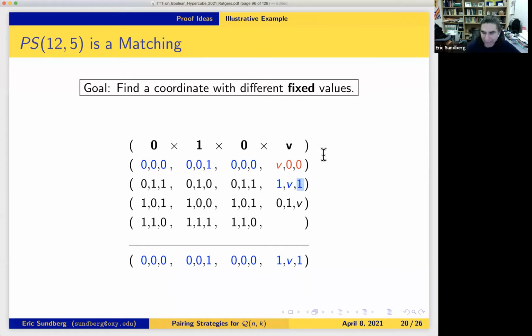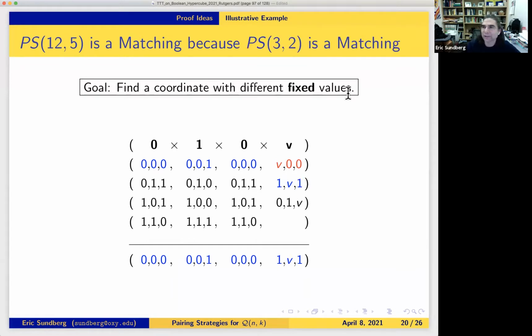And I really like the answer to this, and it's because PS32 is itself a matching. By selecting 2 different choices in this bin, we are selecting 2 different edges from PS32, which is a matching.